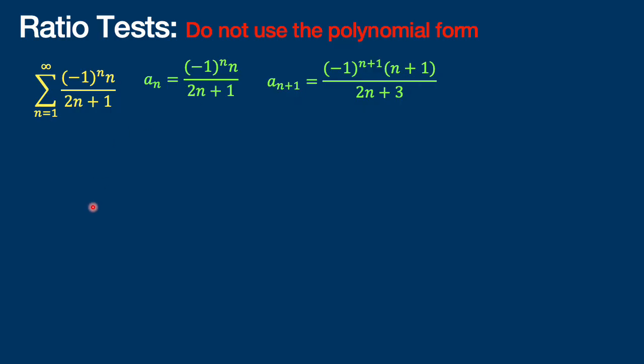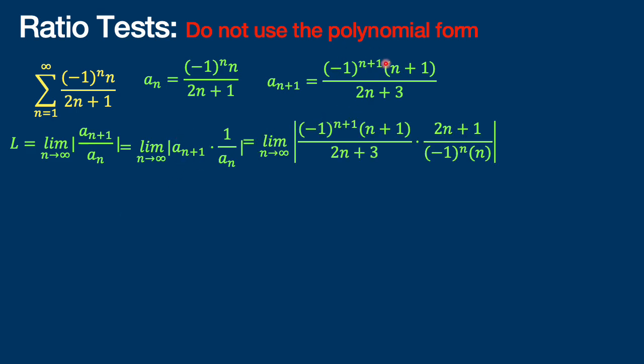Let's find the ratio of a_(n+1) over a_n. So a_(n+1) is (-1)^(n+1) times (n+1) over 2n+3, times 1 over a_n, the reciprocal of a_n: 2n+1 over (-1)^n times n.